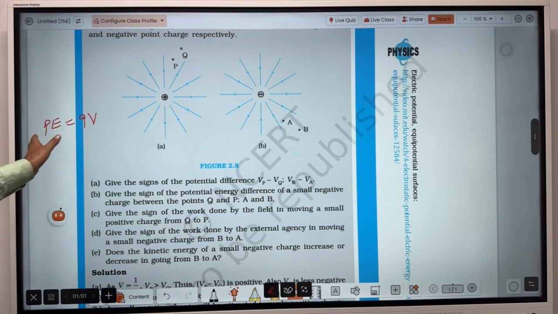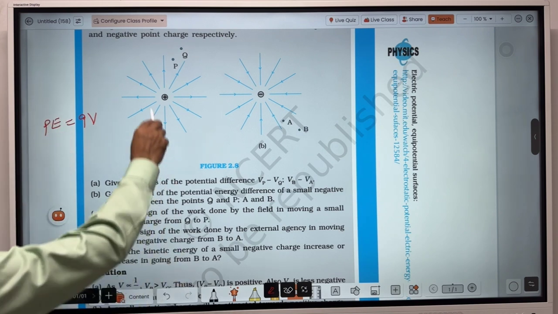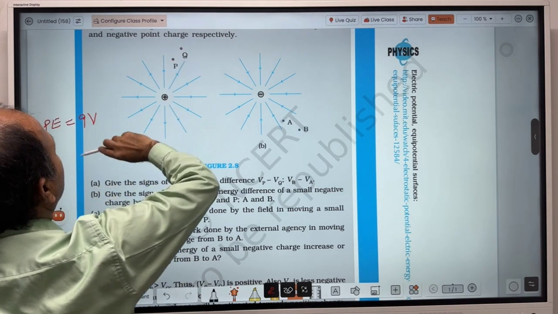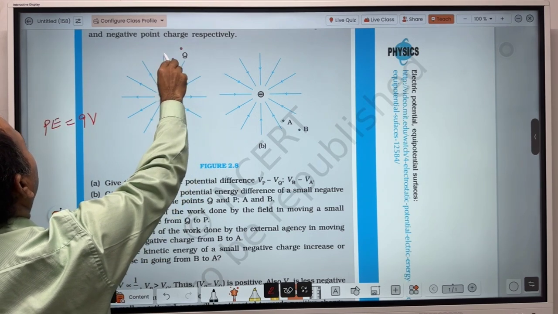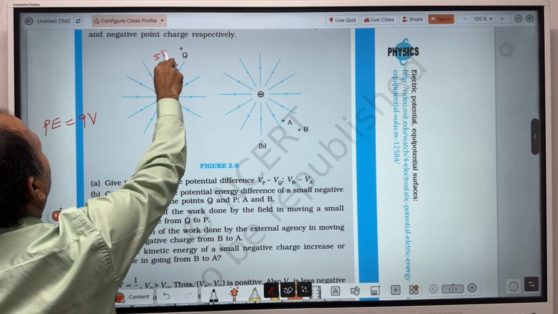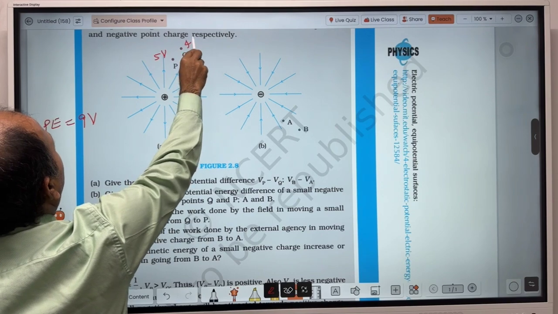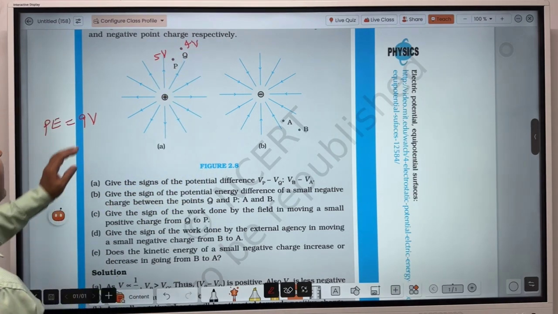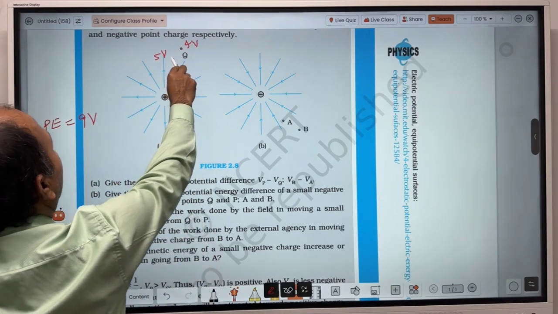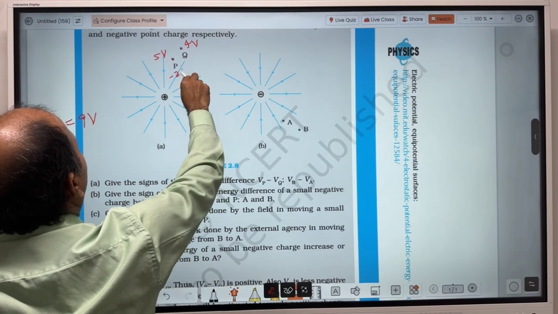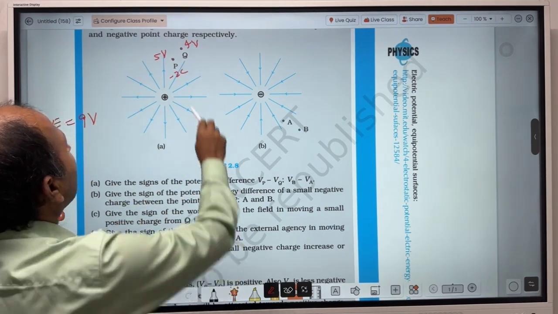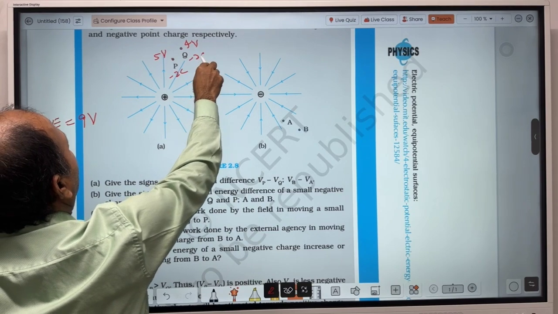And you have to make a comparison of potential energy at these two points. Here, as I told you, the potential at this point is higher. We can even say this is 5 volt, and at this point say it is 4 volt. Now suppose you have charge minus 2 coulomb, taking coulomb for making the calculation easier, and here also minus 2 coulomb.